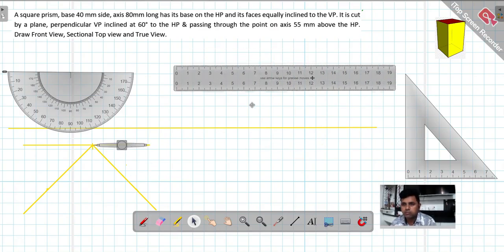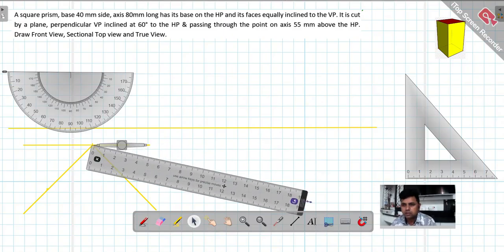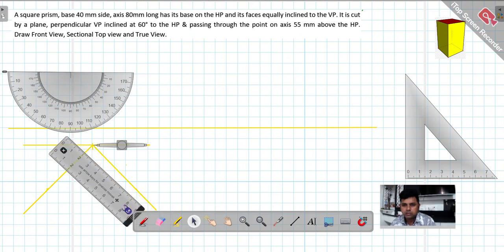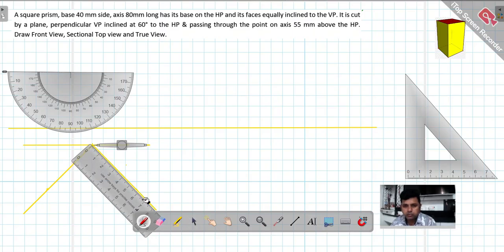Before that, I'll need this scale. So what is the scale for? To mark the base. How much is it? It is 40 mm. 0, 10, 20, 30, 40, I marked.